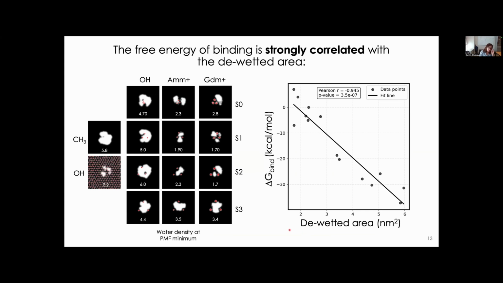To measure this, we measured the de-wetted area associated with the nanoparticle on the surface and looked at the correlation with the binding free energy. And you can see that we get a really strong correlation with the binding free energy, almost 0.95. And so this indicates to us that what's going on here is that guanidinium is just taking up more space on the surface.